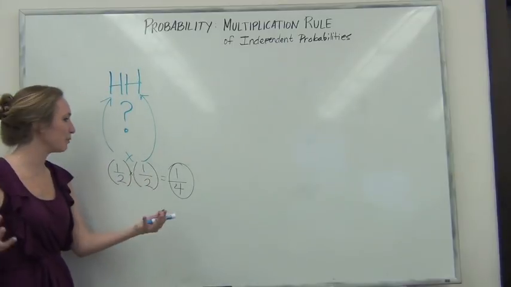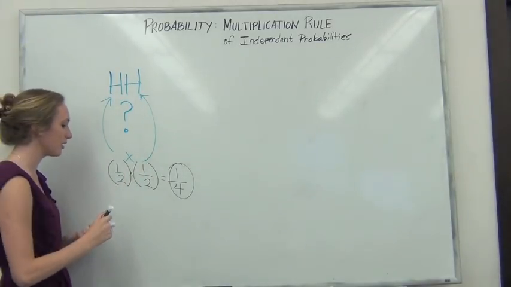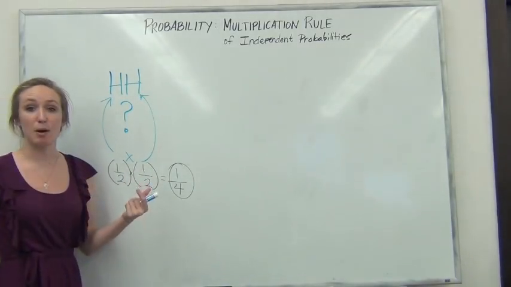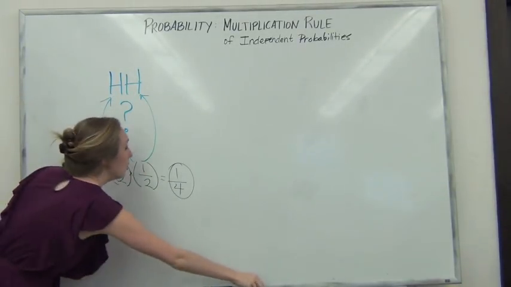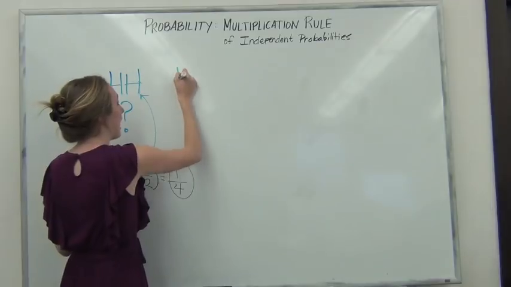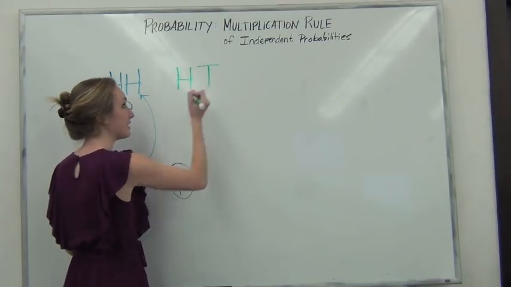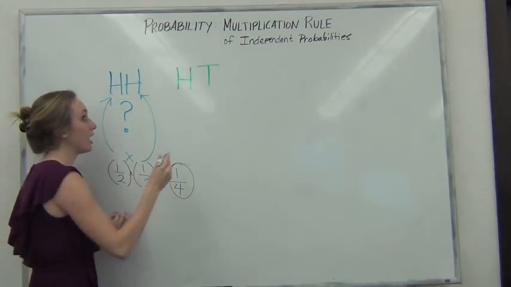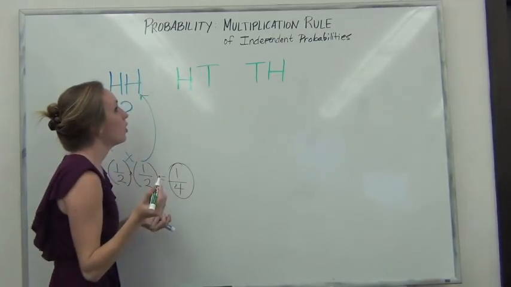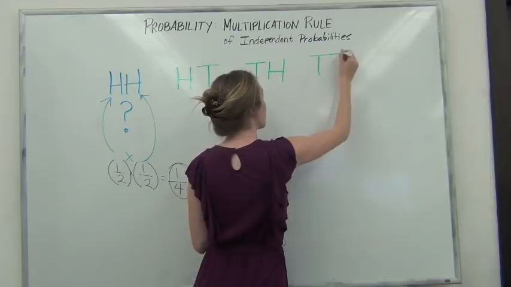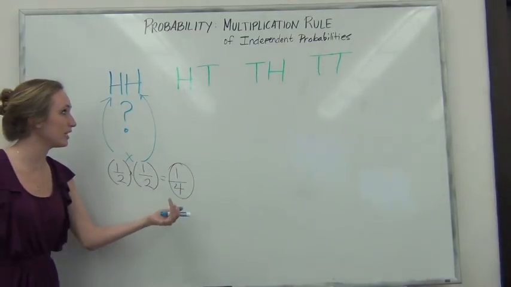How can I make you really believe it? I could throw numbers at you all day and you wouldn't believe it. Well, let's think about what can happen when we flip a coin twice. We can get a head and a head. We could get a head on the first one and a tail on the second. We could get a tail on the first and a head on the second. Or we could get 2 tails. Are there any other possibilities that you can think of?